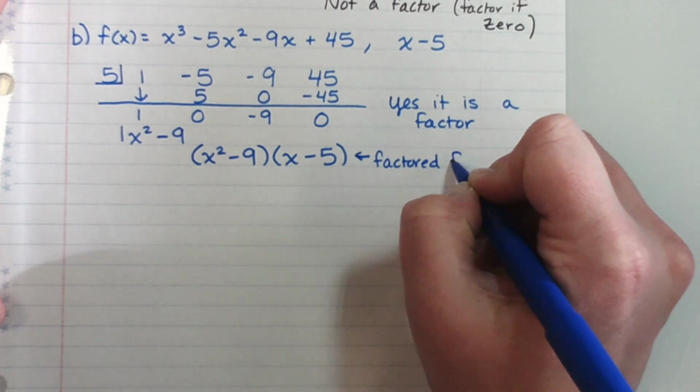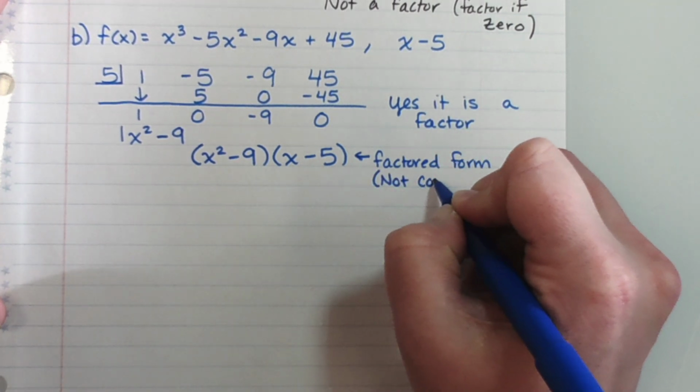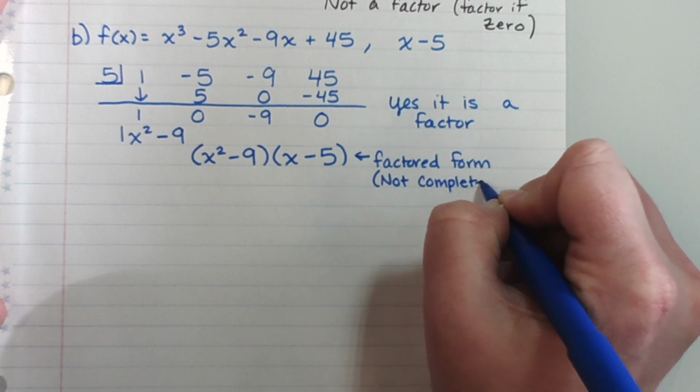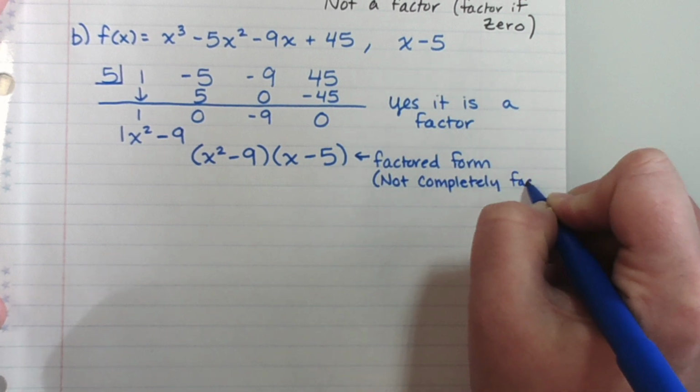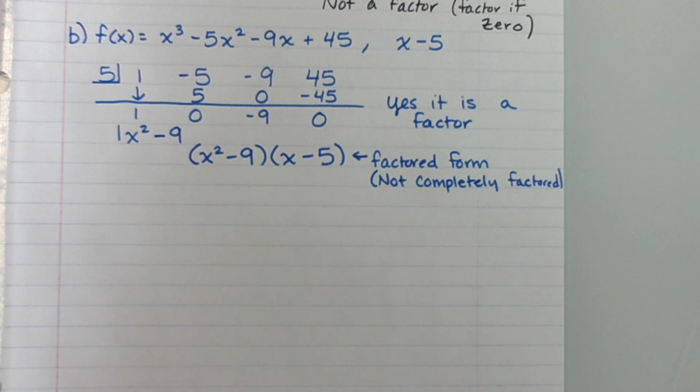This is a factored form, but it's not completely factored. Yes. Well, actually on this problem it just asks if it's a factor. But on questions like the next one, yes, you would end up losing points.